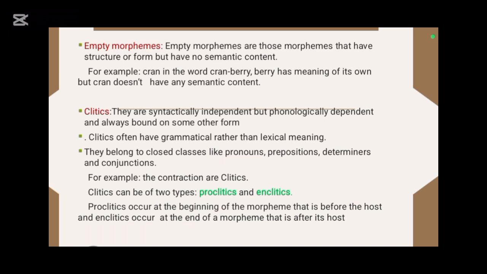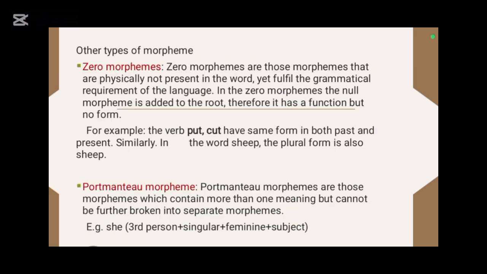There are also other types of morphemes. Zero morpheme. Zero morphemes are those morphemes that are physically not present in the word but fulfill the grammatical requirement of the language. And in the zero morpheme, a null morpheme is added to the root. It has a function but no form.